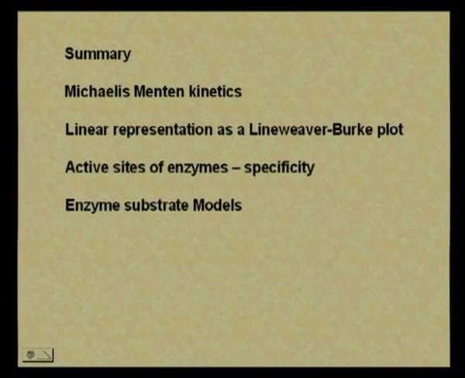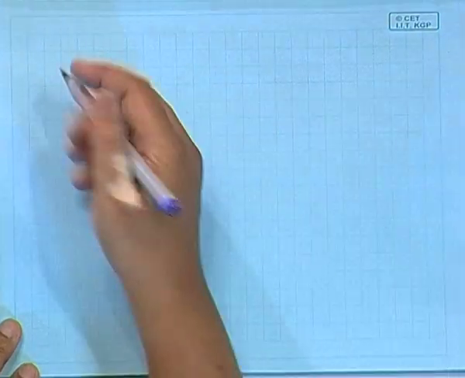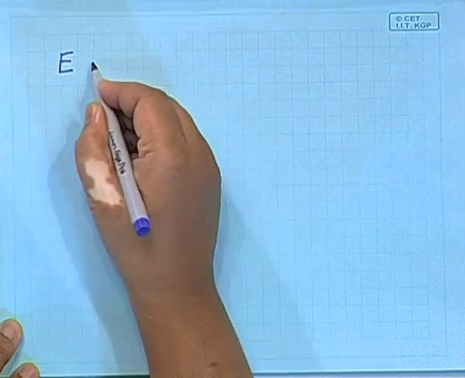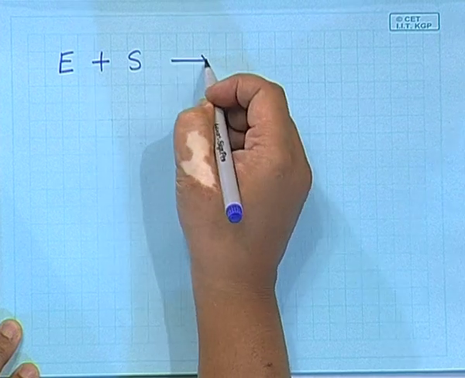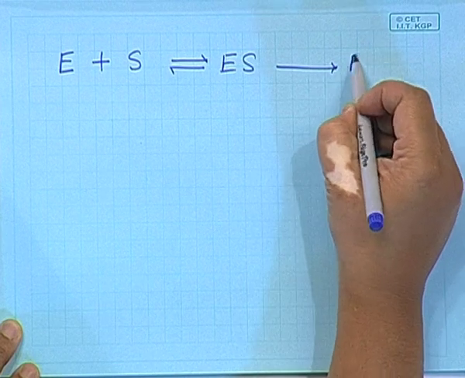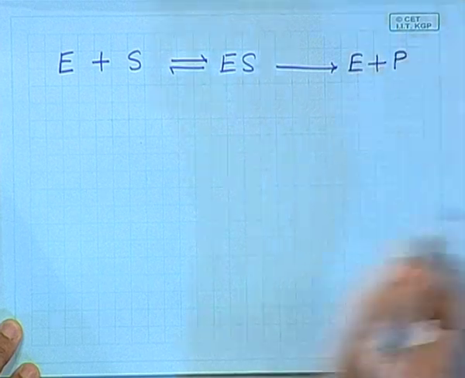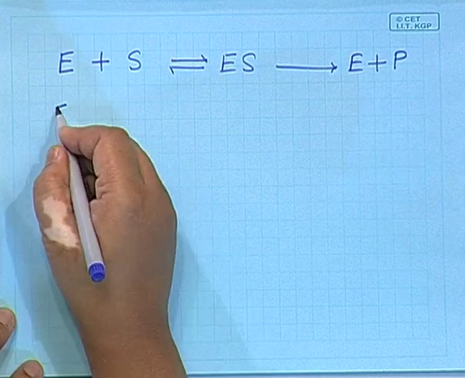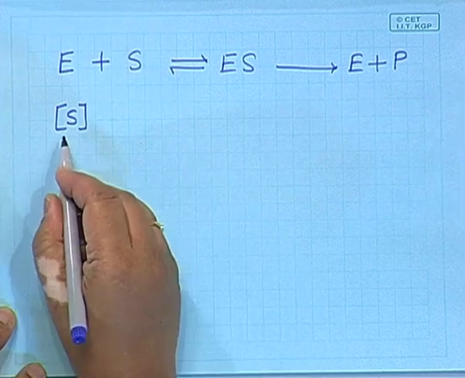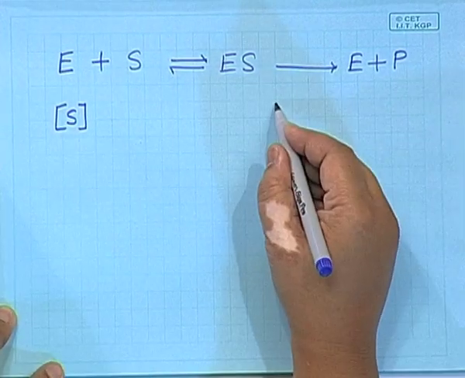Okay. Now, what we are going to do is work out a specific problem where we are going to find out the Vmax of a particular reaction or particular enzyme substrate complex. So, we have our enzyme concentration, we have our enzyme plus the substrate, that is giving us the enzyme substrate complex that eventually gives us the E plus P. Now, if I have a set of substrate concentrations, what do I need now if I want to calculate?